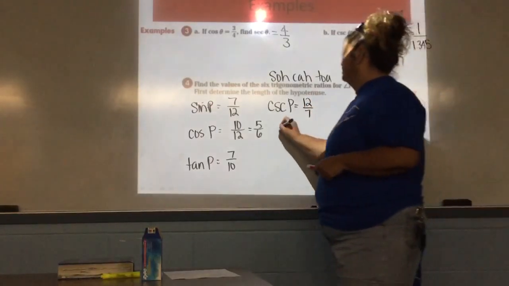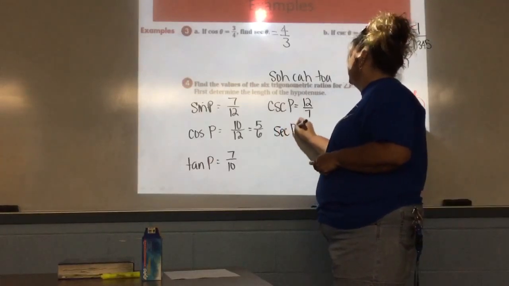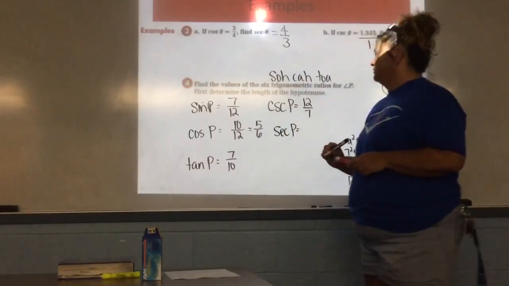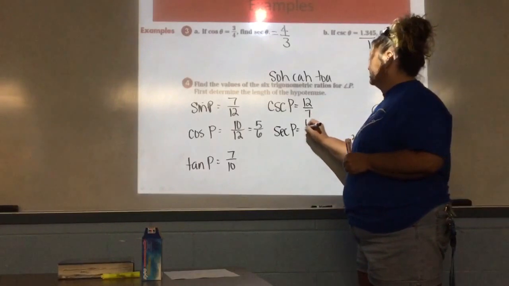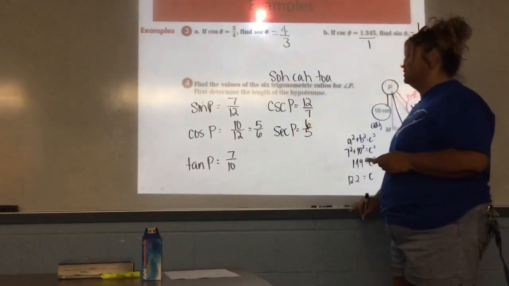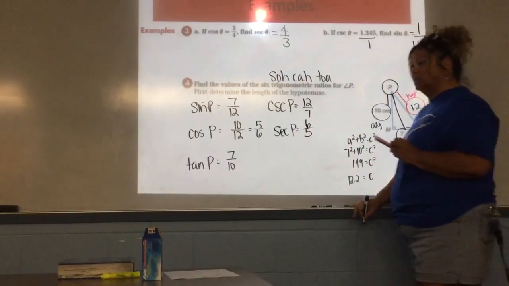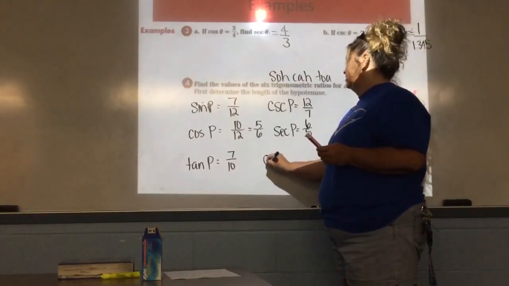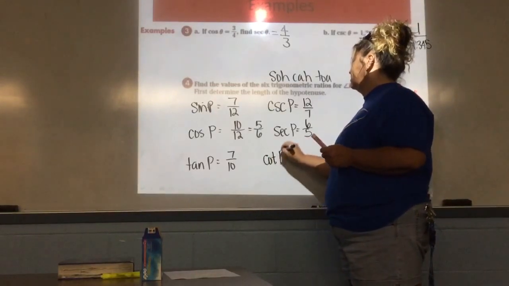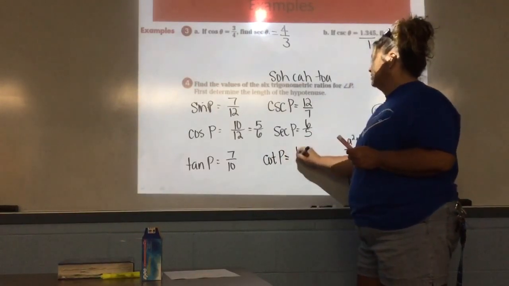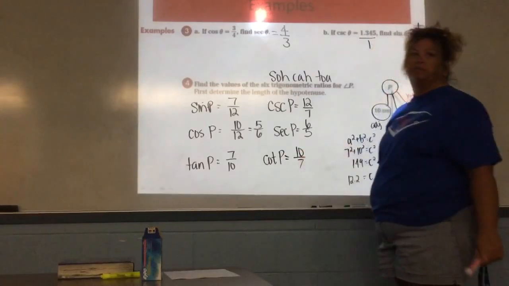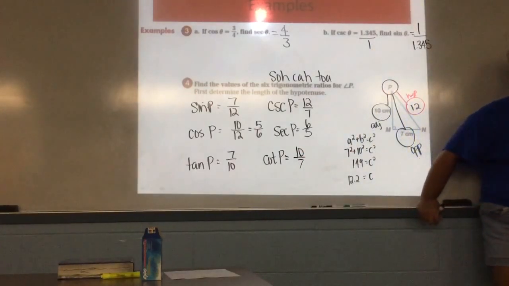Secant. So secant P is going to be 6 over 5. And what's the inverse of tangent? Cotangent. So cotangent P is going to be 10 over 7. Good. Okay, so far so good?